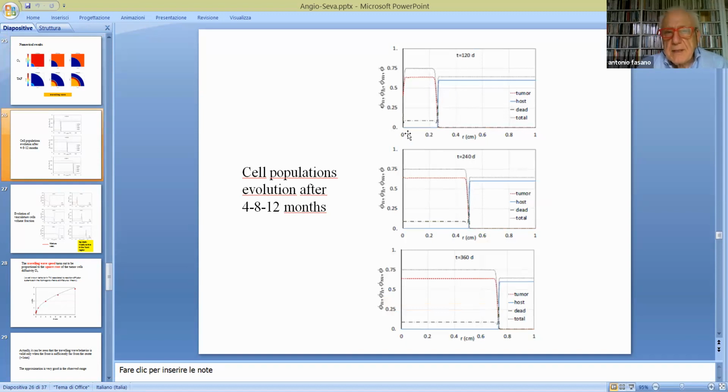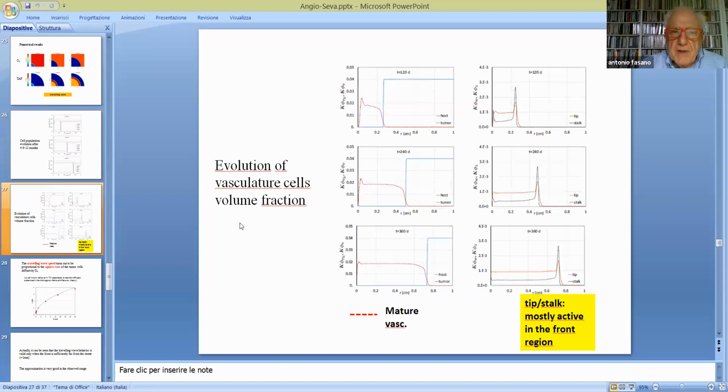We start with some very small tumor without any vasculature, and we follow the concentration of the tumor cells, which is the dotted red line, and we see that after 3 months, 6 months, and 12 months, it advances very steadily and very smoothly against the tumor cells. So this is what the numerics show.